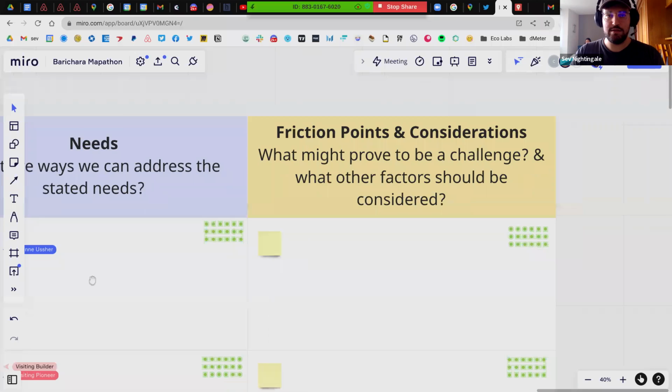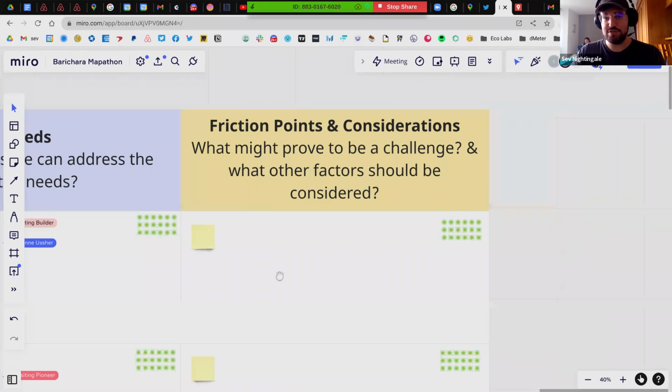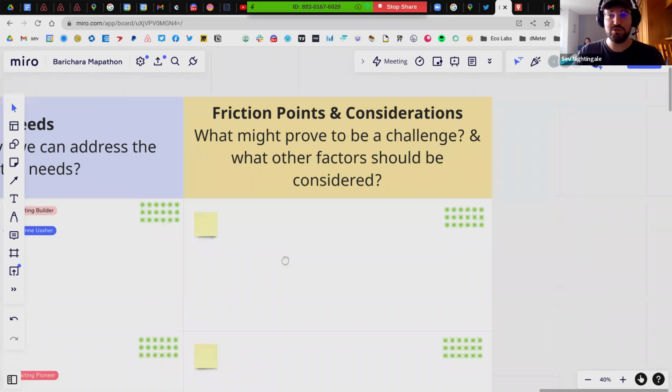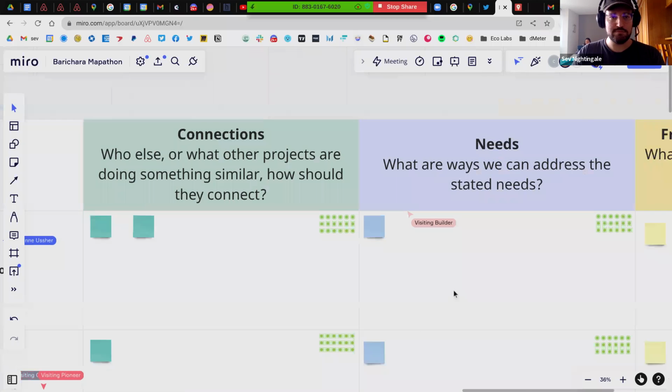And then lastly, looking at the friction points and considerations, what might prove to be a challenge with this project, how might we overcome those challenges, and what other factors should be considered in terms of thinking bigger picture, or the use of land or other organizations or institutions that are relevant to that project. Just anything else that we really feel is helpful in helping progress that project forward, and in the context of regeneration.